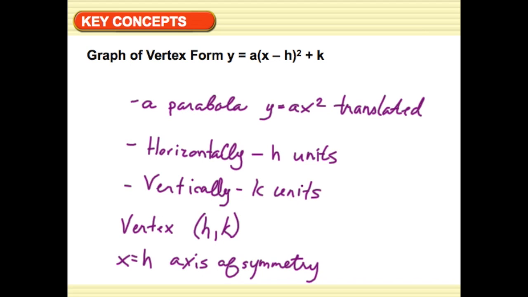X equals h is your axis of symmetry, and the graph is going to open up if a is greater than 0 or down if a is less than 0. That's the same as our standard form, right? So those are just your key concepts that you're going to throw right in your note-taking box on your worksheet. This particular form of a quadratic function I think is a little simpler to work with, but we'll see. We'll do a couple examples for you to get the hang of it.